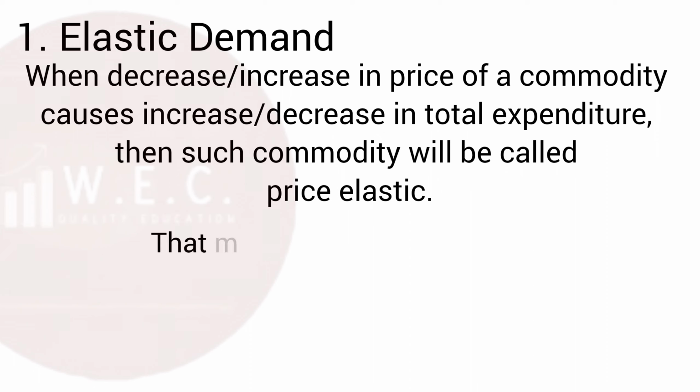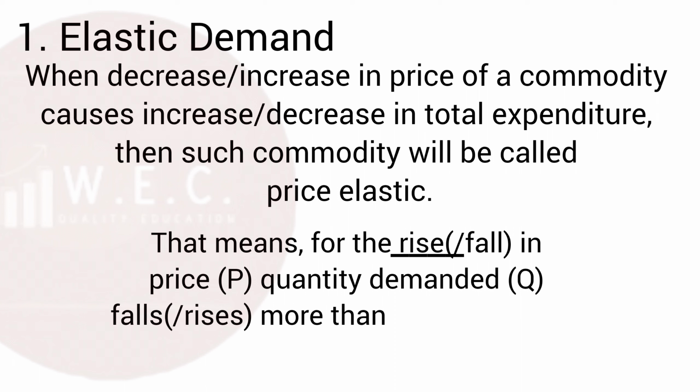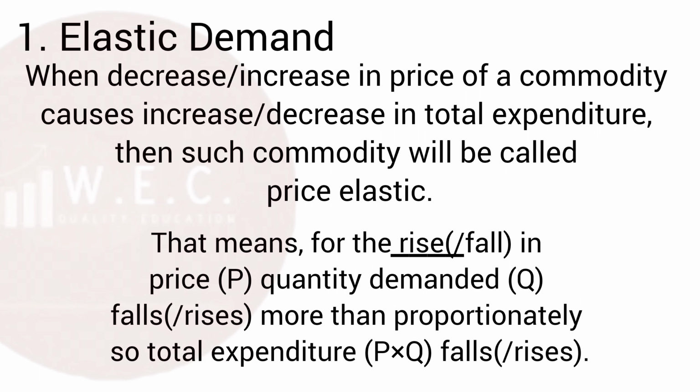That means for a rise or fall in the price, quantity demanded will fall or rise more than proportionately. That is, change in quantity demanded is more than change in price, and so total expenditure will fall.